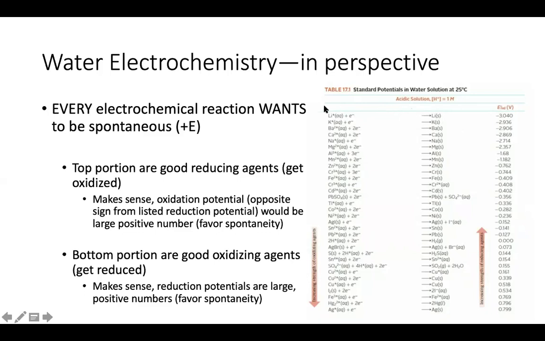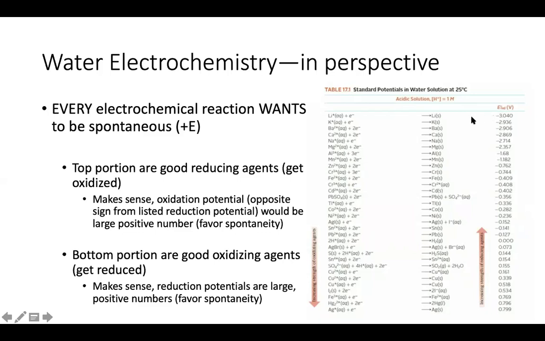Now, when we flip a half reaction, we change the sign on the standard potential, right? So if we are oxidizing this lithium reaction, we're flipping it, and its oxidation potential would actually be positive 3.04.